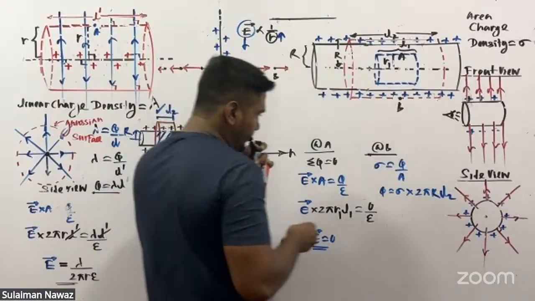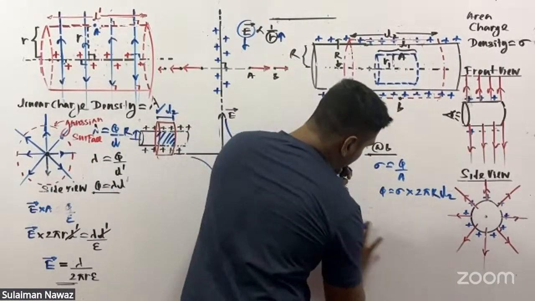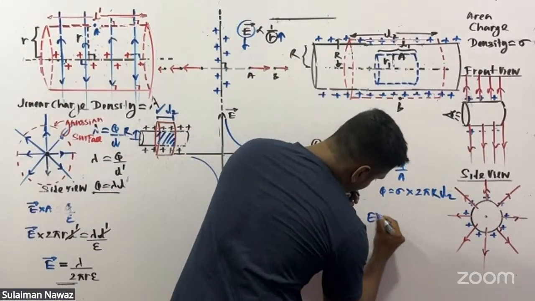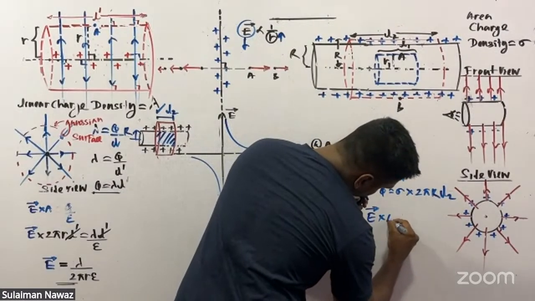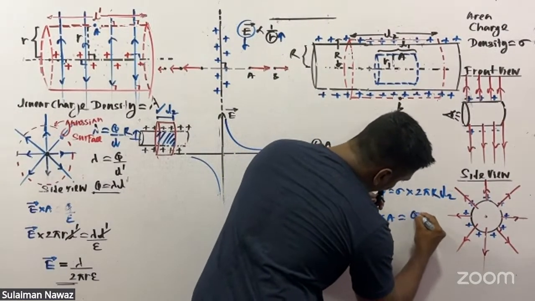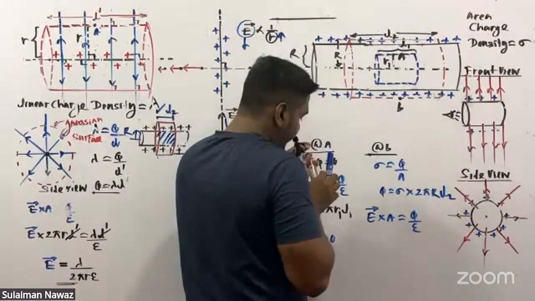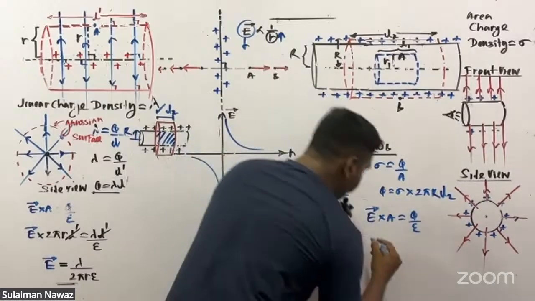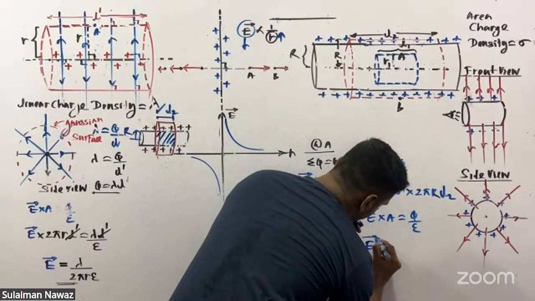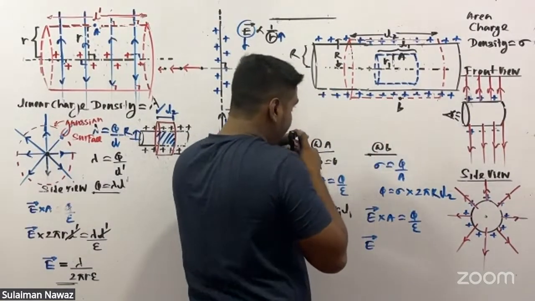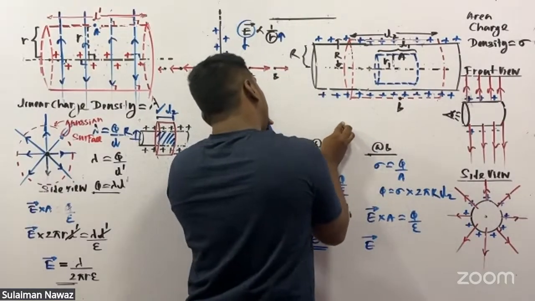Then this is the total charge. Now apply the equation: intensity into area must be equal to total charge over epsilon. Intensity capital E into the Gaussian surface area.